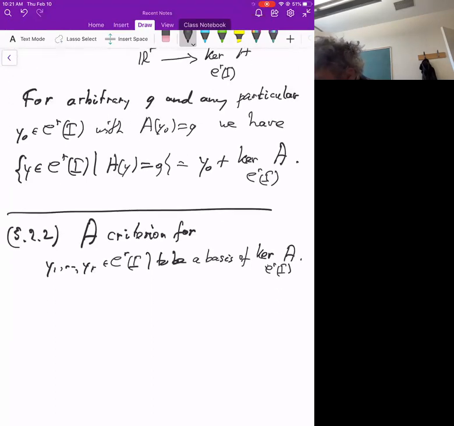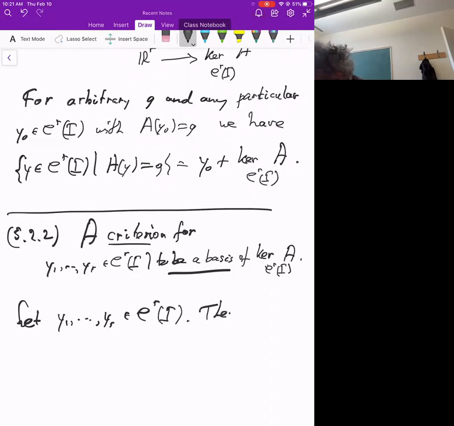So this is the story about the Wronskian of y1 to yR. The Wronskian is the determinant of this matrix.